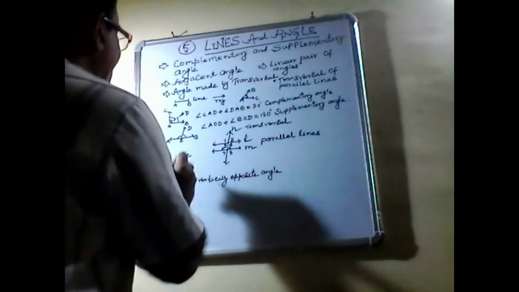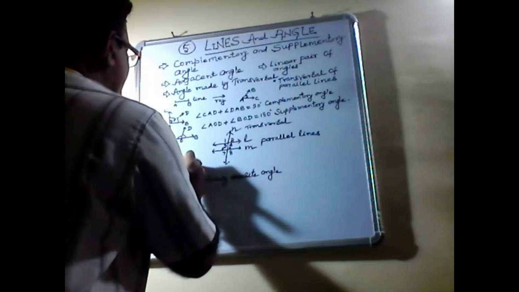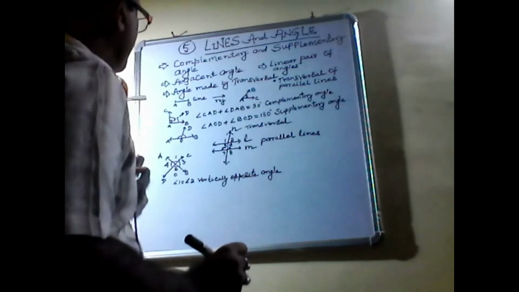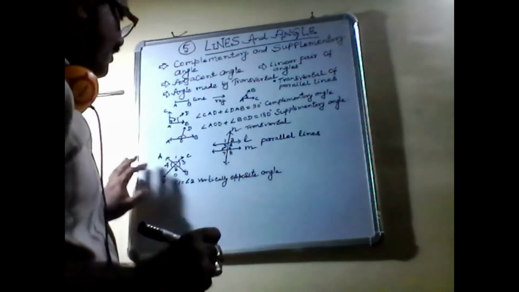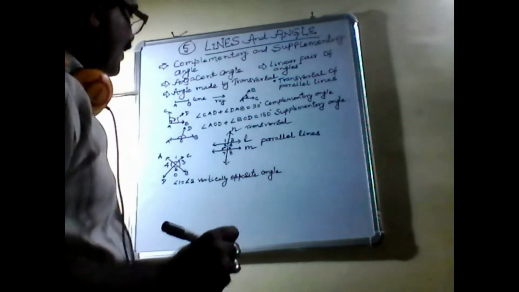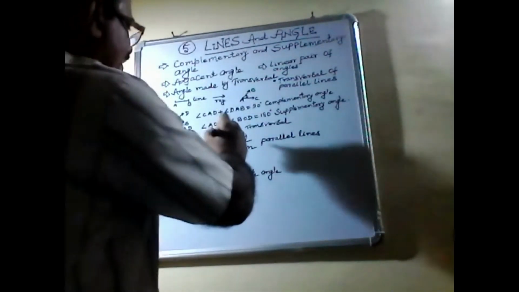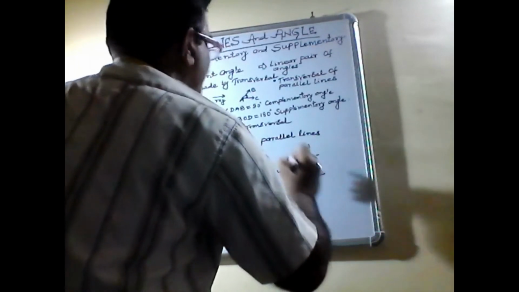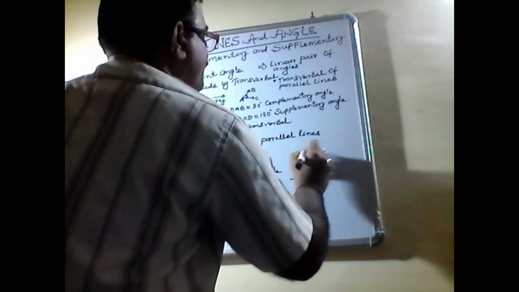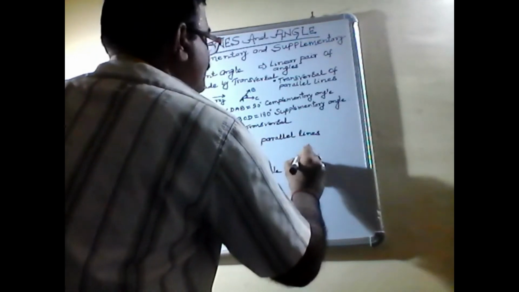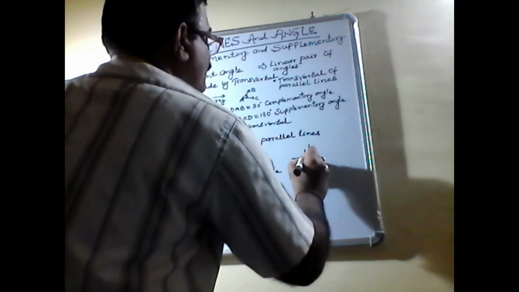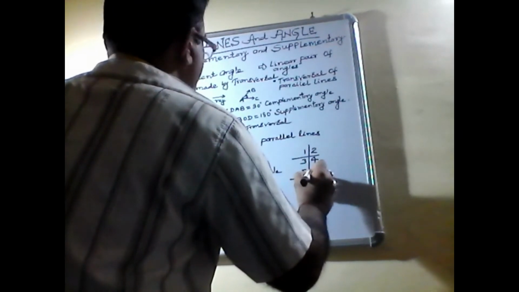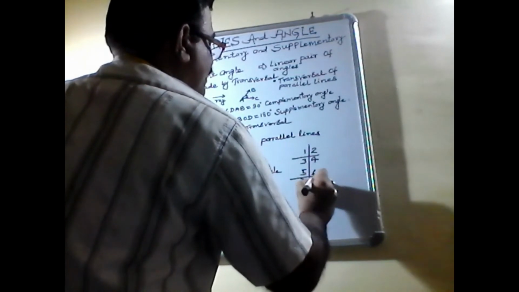Similarly, suppose this is angle 3 and this is angle 4. Obviously 3 and 4 will also be vertically opposite angles. Now for corresponding angles, think of the same figure, where I am writing angles 1, 2, 3, 4, 5, 6, 7 and 8.